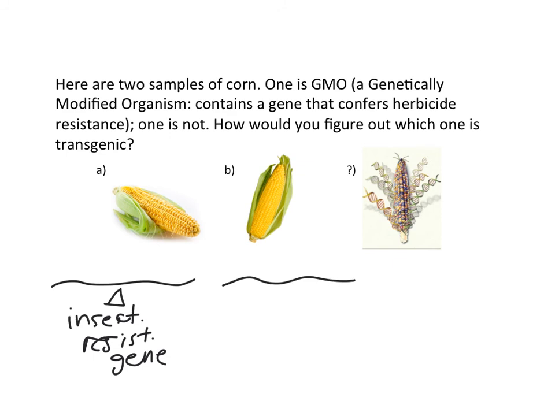It doesn't have that gene. So think about, maybe for next class, how would you use PCR to detect the presence or absence of that gene? If you go to the grocery store and you take samples of produce and you want to know are they transgenic or not, what would you need to do? And what would the agarose gel look like? It's a thought experiment for next time.